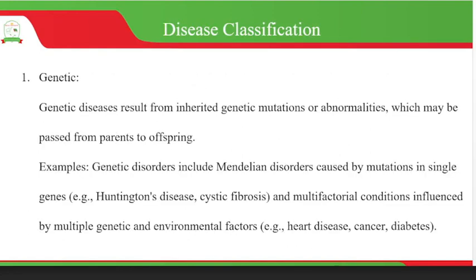And these diseases are also classified depending on the causative agent. So when we look at disease classification, these diseases are classified depending on the causative agent or the cause.